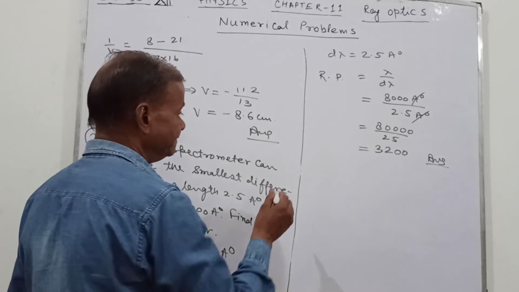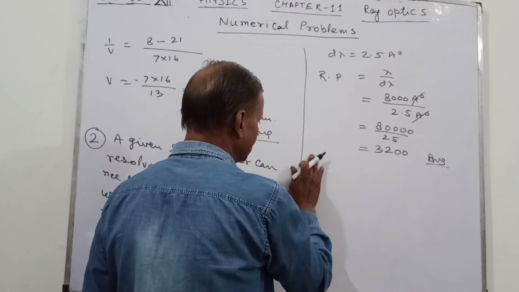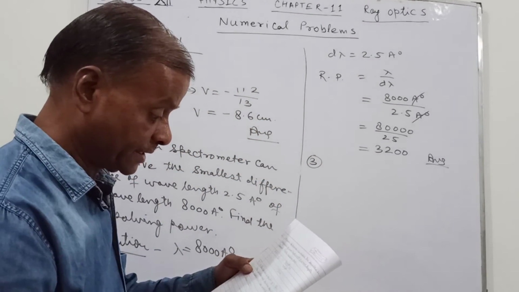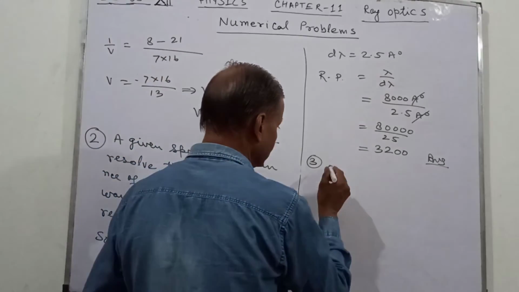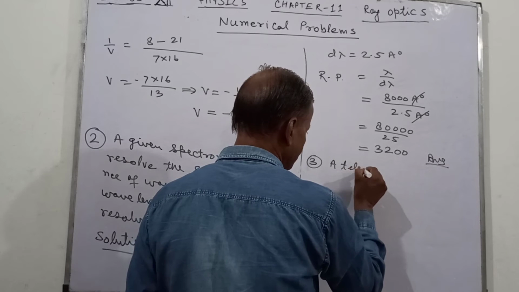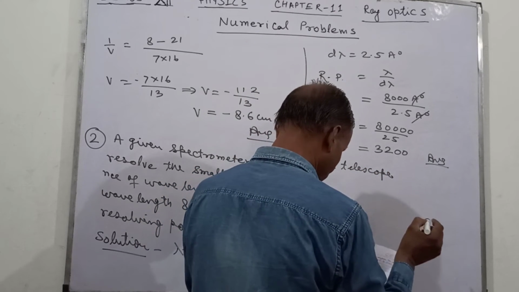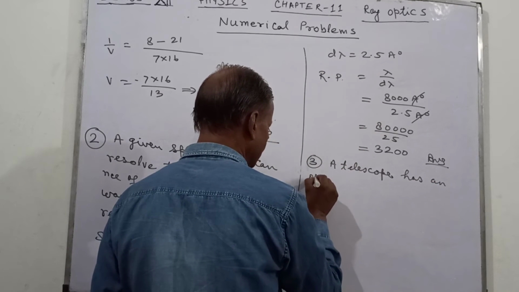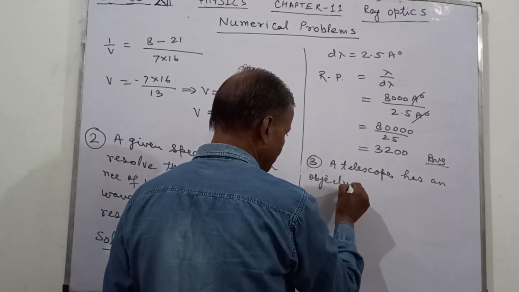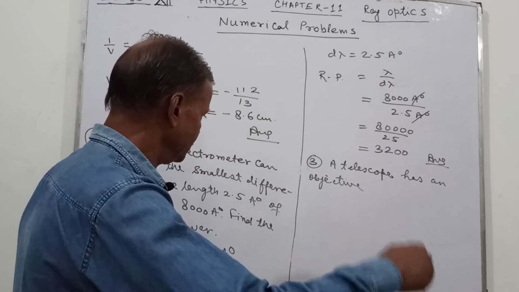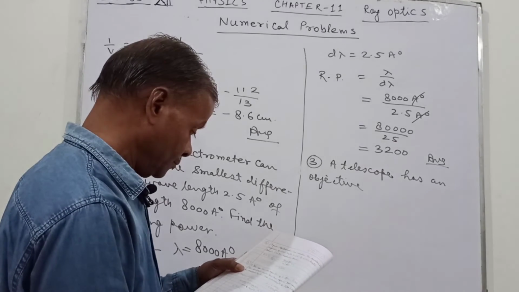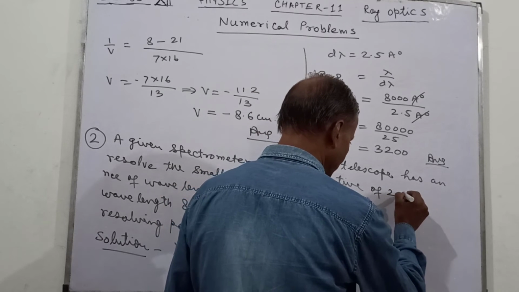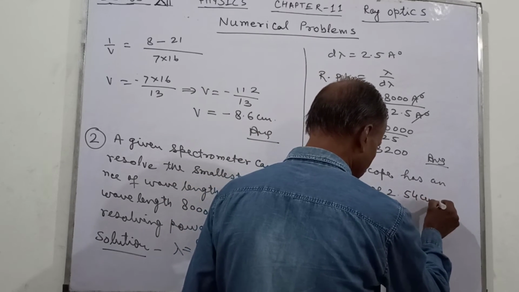Now 3rd question. A telescope has an objective of 2.54 centimeter.